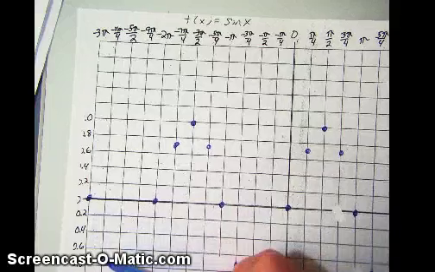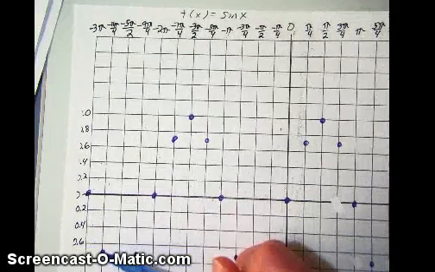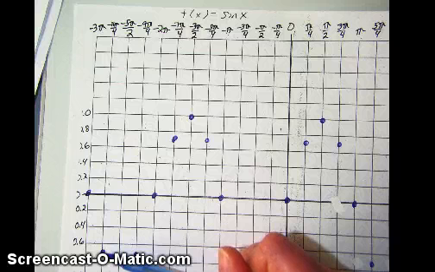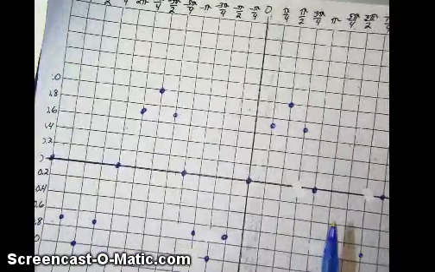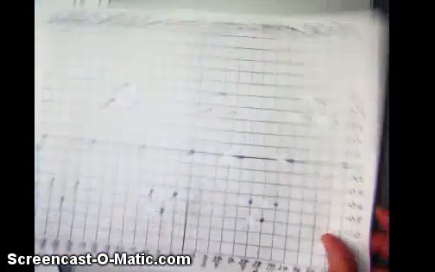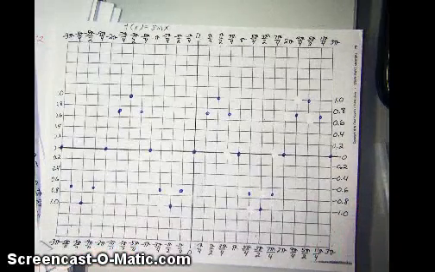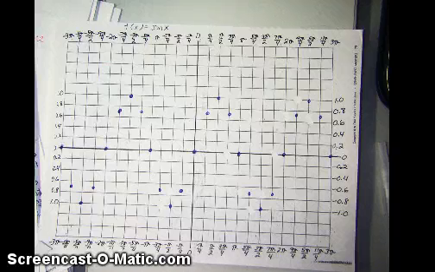The y coordinate is -0.7. Now I've labeled these blocks counting by 0.2, so that's between -0.6 and -0.8. All right, so here is what my dots look like after I've got them all plotted.